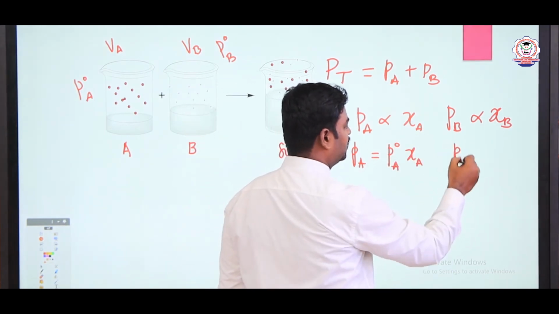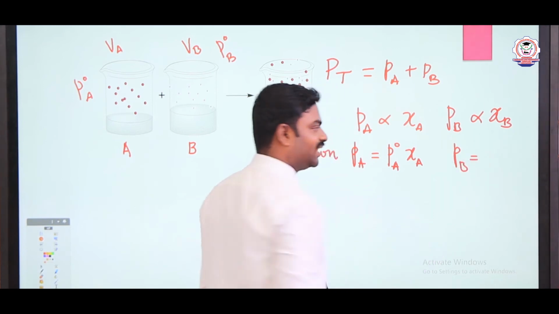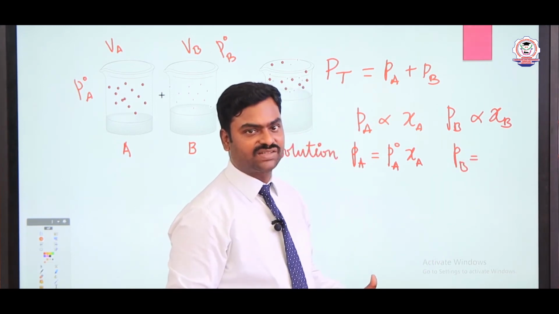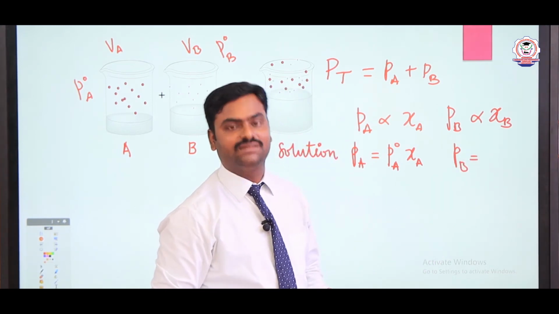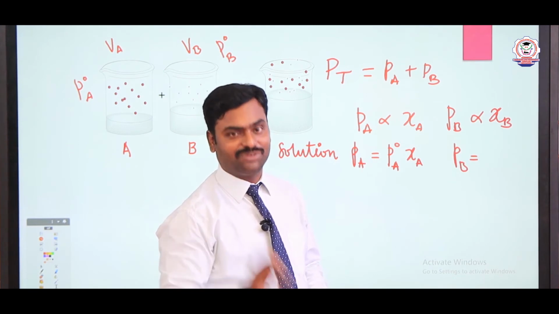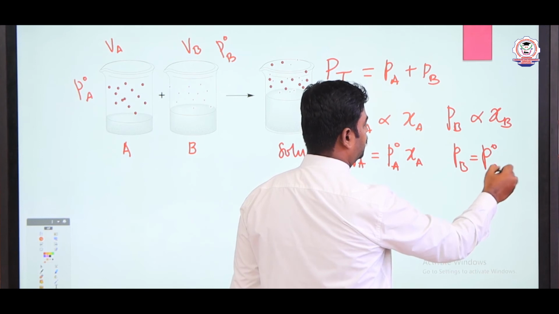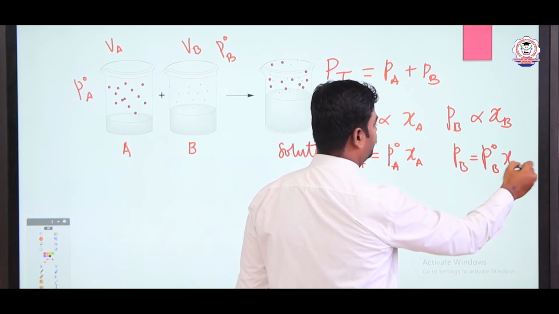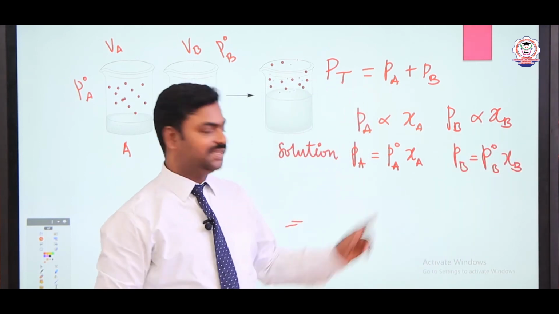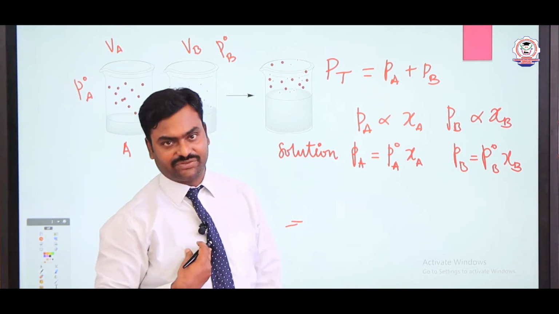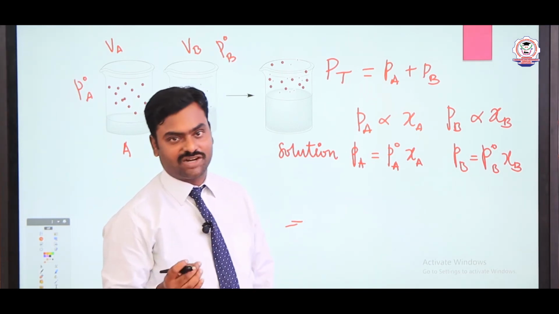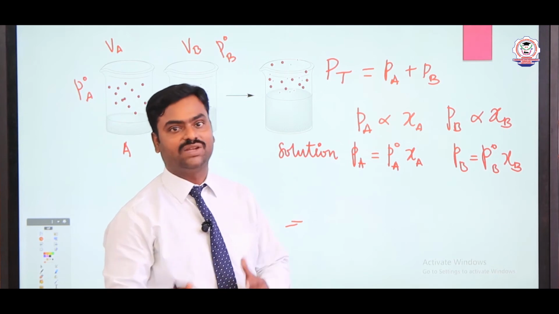So Pb is equal to the same constant, the pure vapor pressure of B, P naught B, into Xb. So using these expressions we can identify the partial pressure of each component, A as well as B.